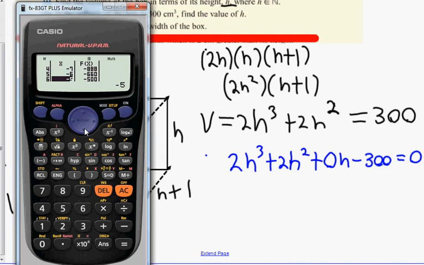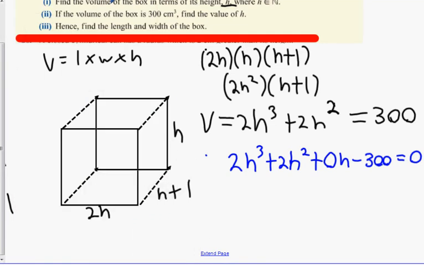We can't have minus height anyway, can we? No, so that doesn't matter. 5. Ready for this? So, h equals 5.